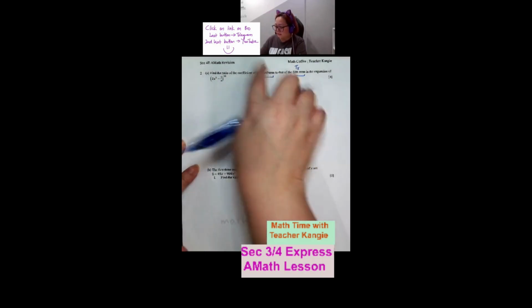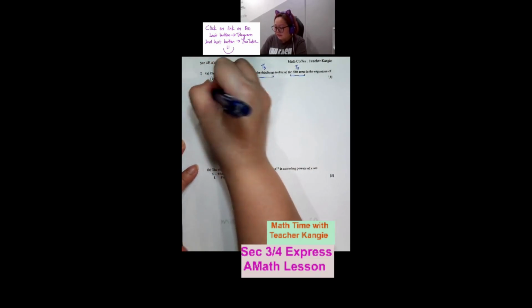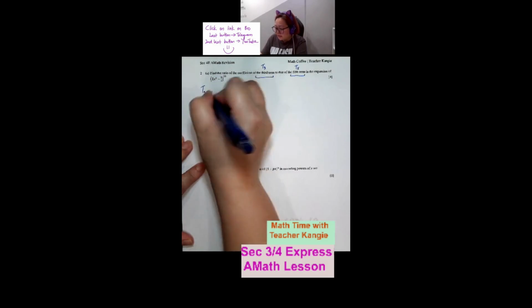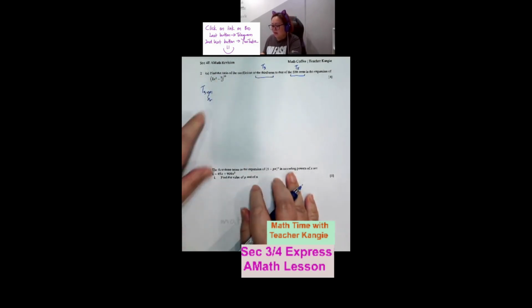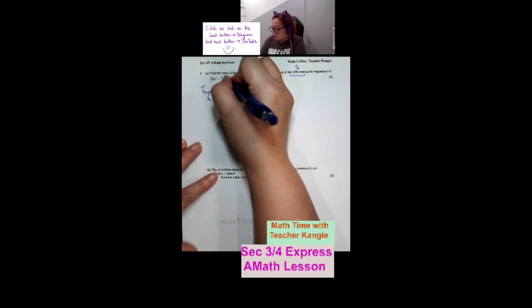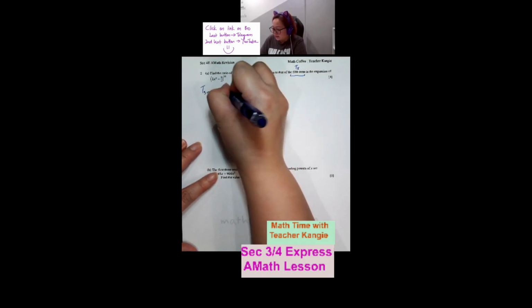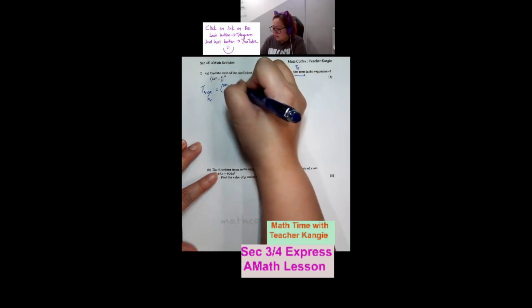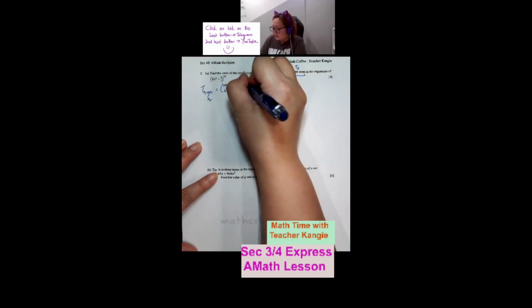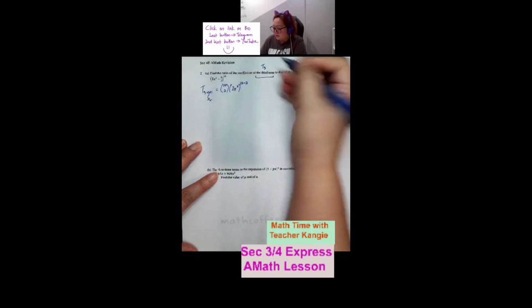So let's find the third term. My T3 is 2 plus 1. This 2 plus 1 means that my r is 2. So the formula is nCr. My n is 10, so it's 10C2. A is 2x squared, and then over here is n minus r, so it's 10 minus 2.